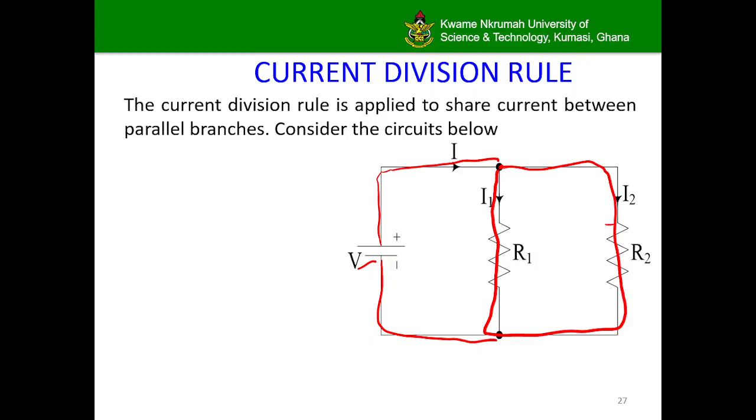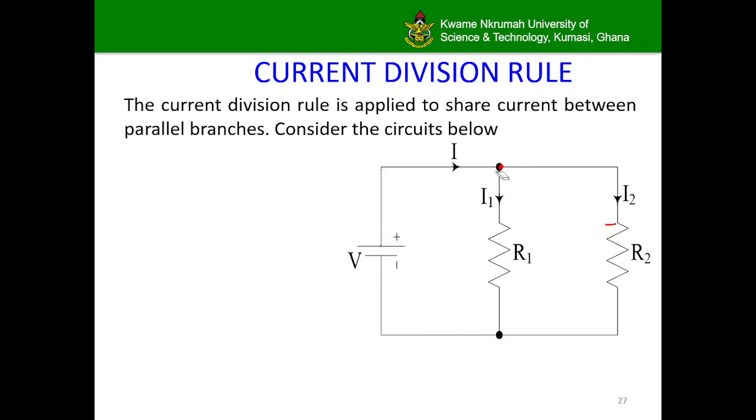And so resistors R1 and R2 are in parallel. What that means is that when the total current leaves the voltage source and gets to this node, it splits into I1, which is the current through resistor 1, and I2, which is the current through resistor 2.